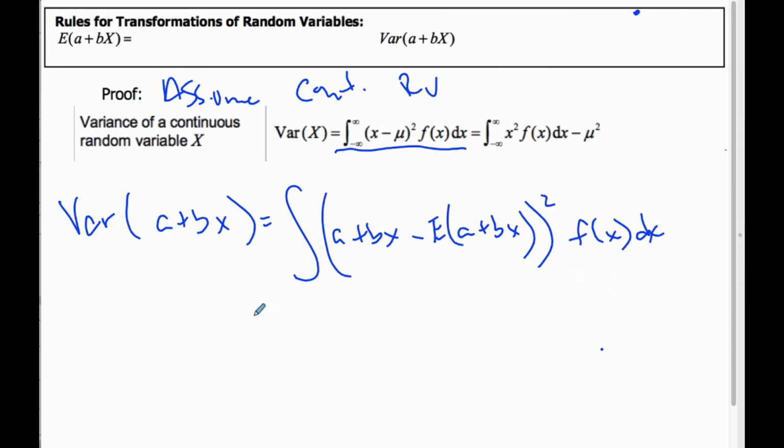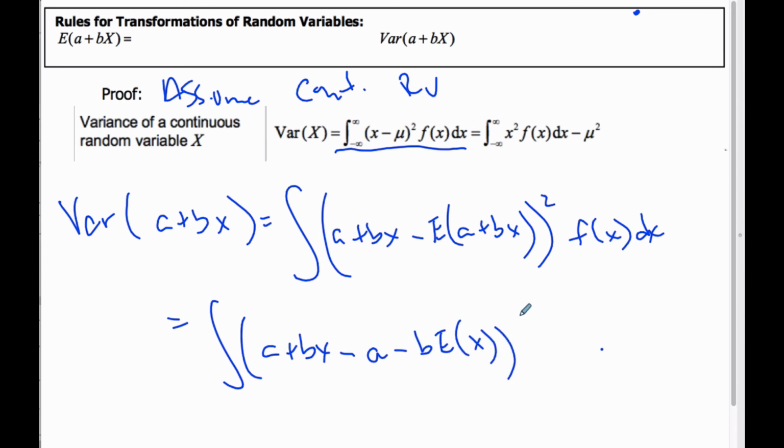Well, let's work on this part in here. I've just learned that a plus bx minus its expected value works out to a plus bx minus a minus b times the expected value of x, squared, times f of x.